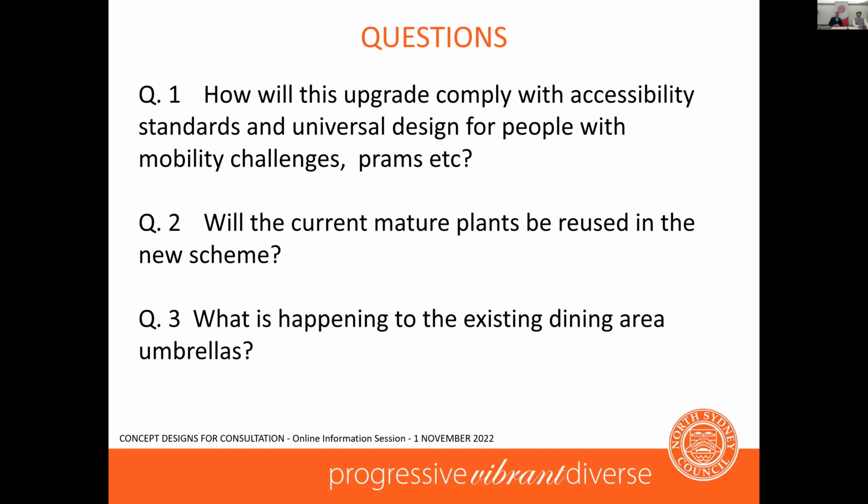Question 3, what is happening with the existing dining bay umbrellas? Okay, so it is a contentious issue, but the existing dining bay umbrellas are the responsibility of the business owners.